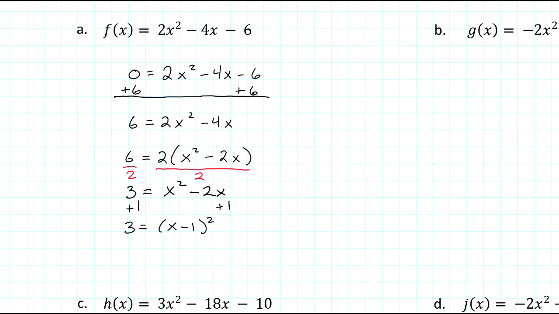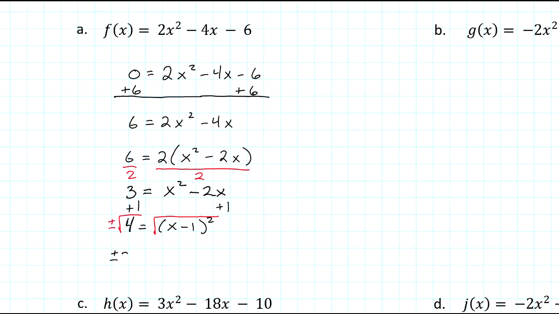If I FOILed out the minus 1, it would give us a plus 1 right here. So we need to show that we've added 1 to this side and then add 1 to the other side as well, which turns that 3 into a 4. Now we can take the square root of both sides, remembering to put a plus or minus when we take the square root.